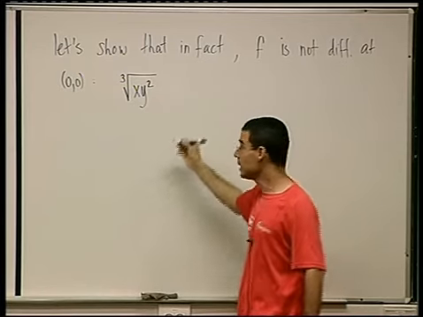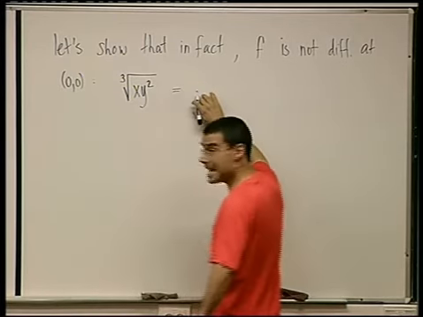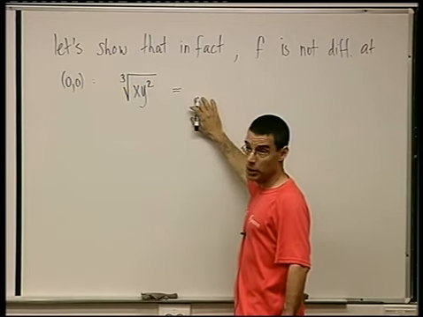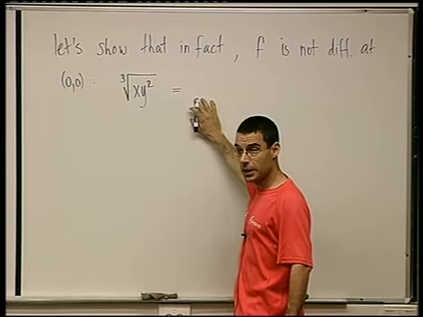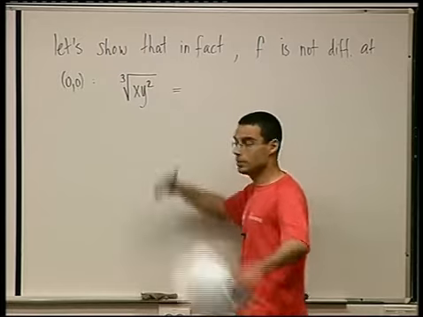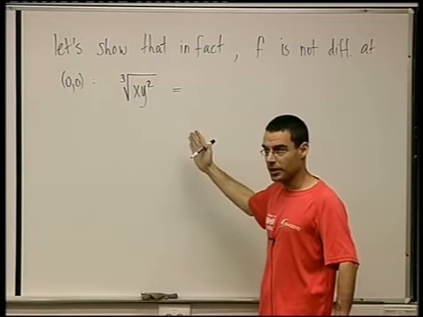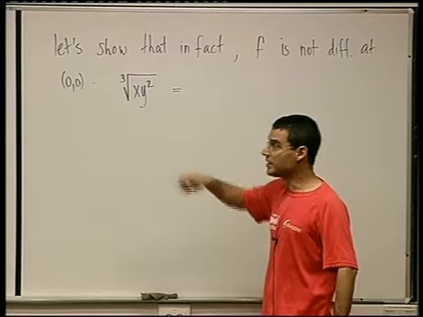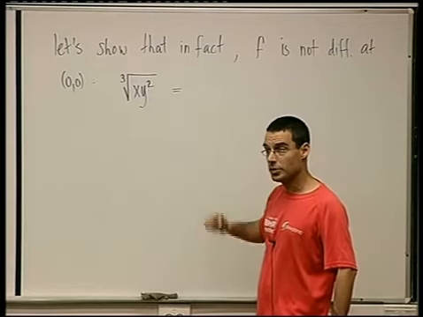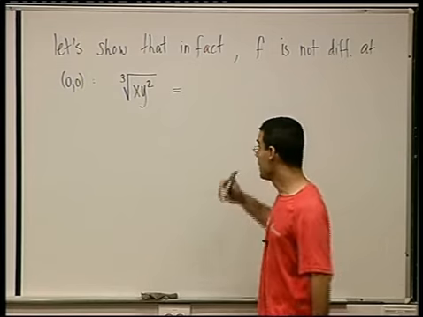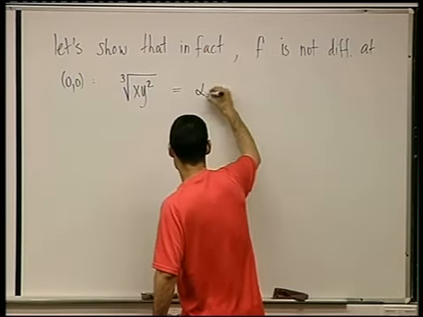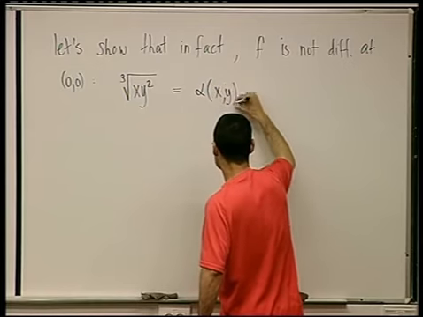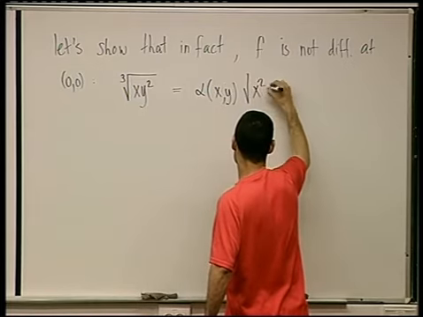Everybody with me? Equals a, which was the f_x at 0, 0, but we know that's 0, we calculated it, times x minus x0, but it's 0, so it's not there, plus b, which was the f_y, but that's also 0 in our example, so that term is not there either, plus alpha of x,y times the root of x squared plus y squared.